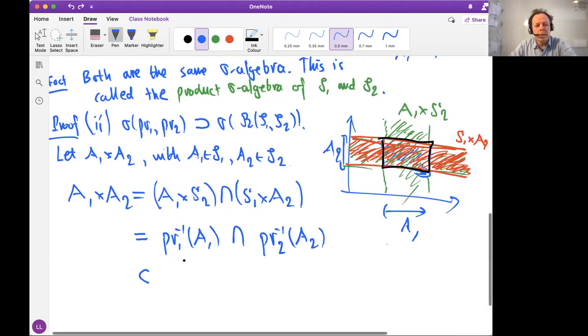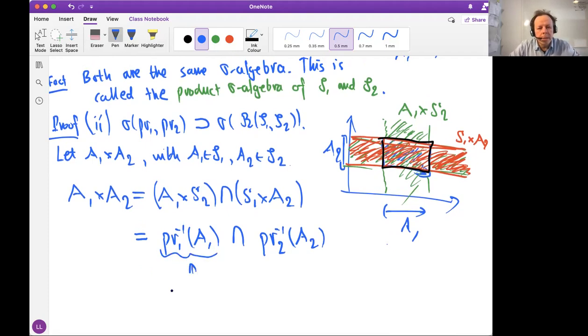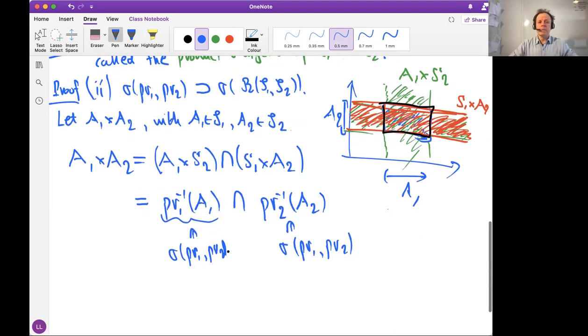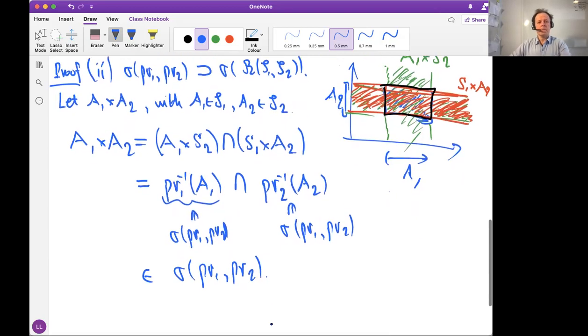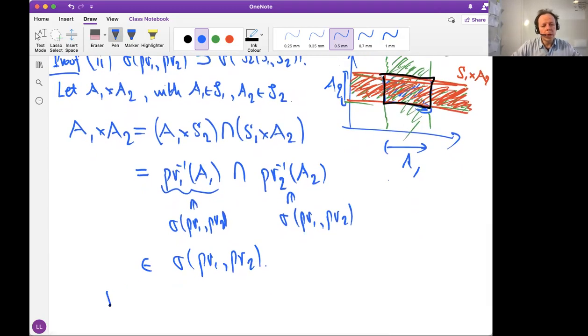So we know that this one is a member of the left sigma algebra, and the same is true for this one as well. And an intersection of measurable sets is measurable, so that's why this whole thing belongs to the sigma algebra of projection 1, projection 2. And that's why we conclude that all rectangles from S1 and S2, or all boxes, are members of this sigma algebra, PR1, PR2.